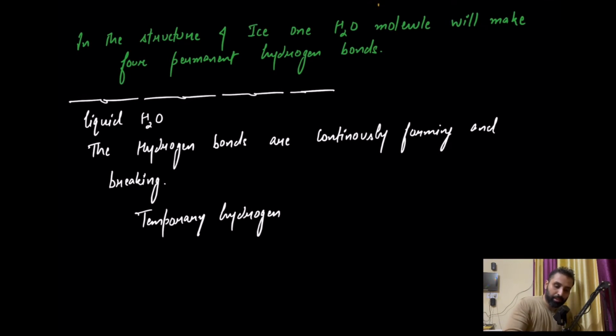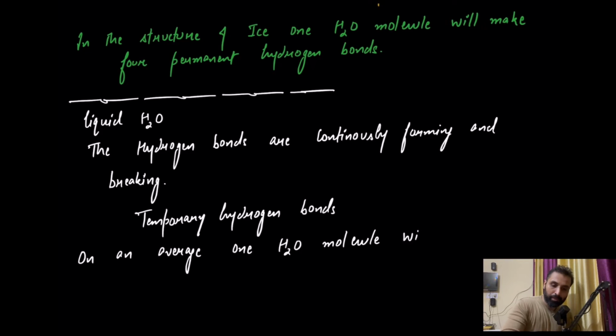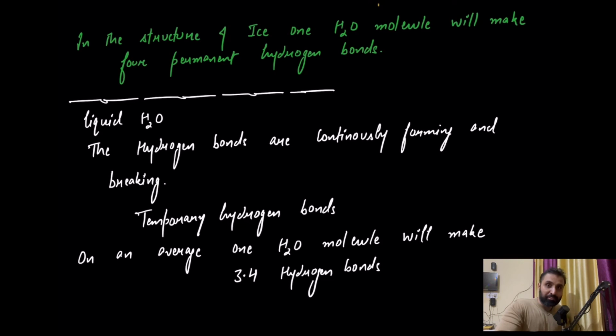We have temporary hydrogen bonds, and on average, one H2O molecule will make 3.4 hydrogen bonds, which is obviously lesser than the 4 hydrogen bonds of an H2O molecule in ice, due to which in liquid water we do not have any scope of entrapment of air.